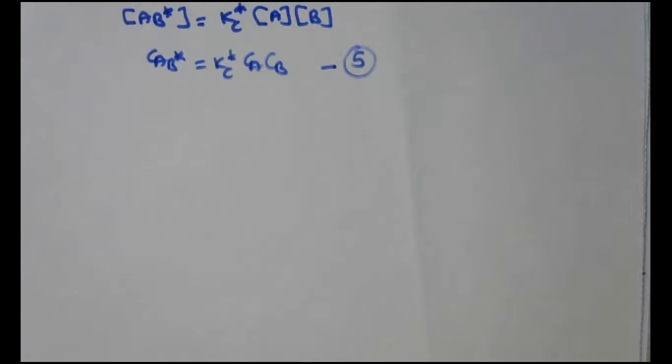Now we are interested in determining the temperature dependency. So first of all, we'll try to write down the expression for rate of forward reaction, because we are interested in forward reaction.